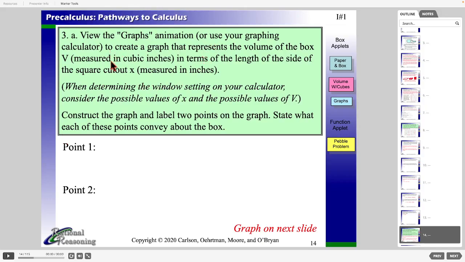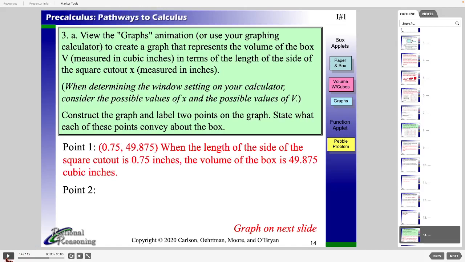So from the animation, again, go ahead and take a look at the graphs. It has a lot of activities you can do there. So if x, the cut, is 0.75, the volume is going to be 49.875.